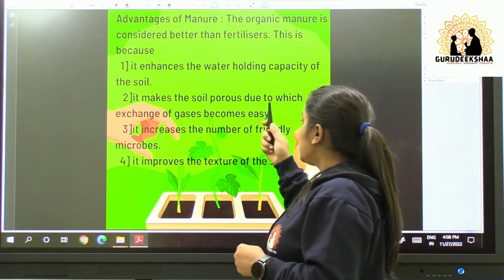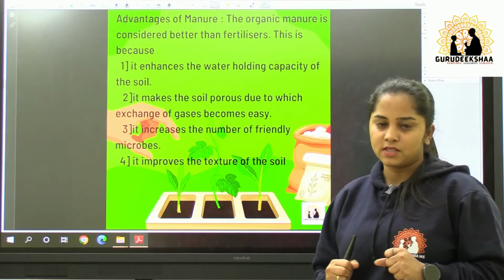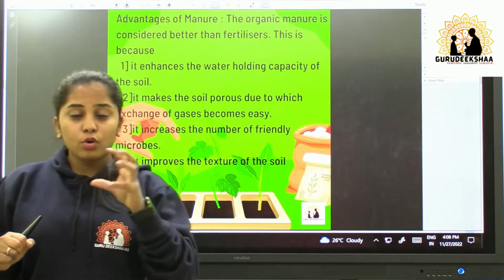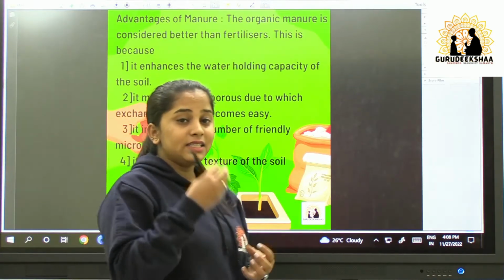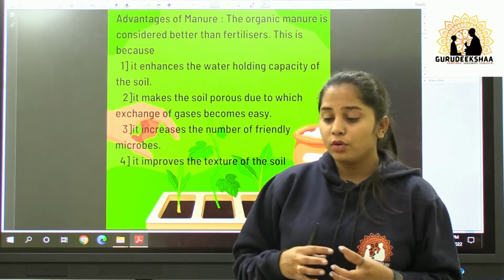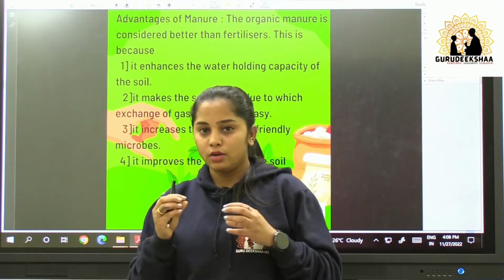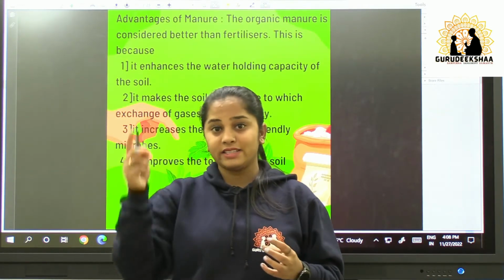So it makes the soil porous, due to which exchange of gases takes place. What is this exchange of gas? For a very good growth of the plant, the nitrogen supply has to be very good. So the nitrogen gas from the atmosphere has to be supplied to the roots of the plant. This is called exchange of gas.